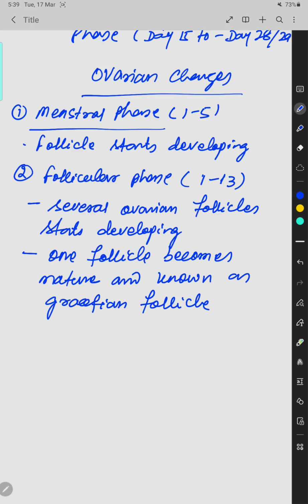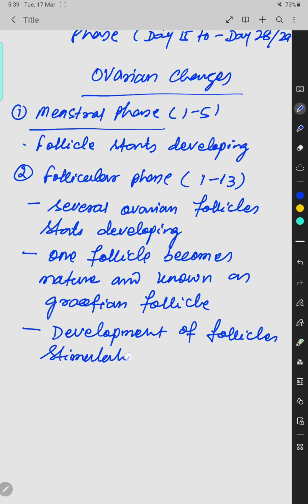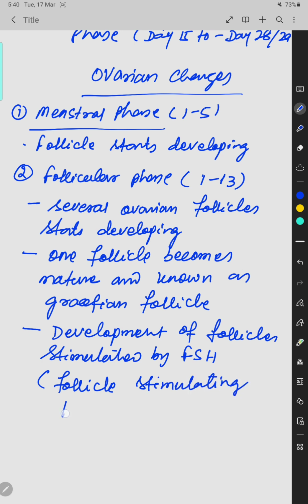Now this development of follicles is stimulated by FSH, that is follicle stimulating hormone.